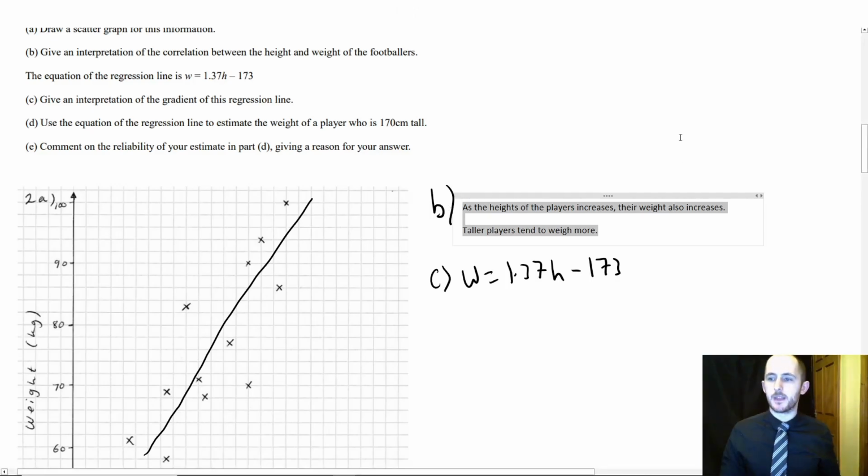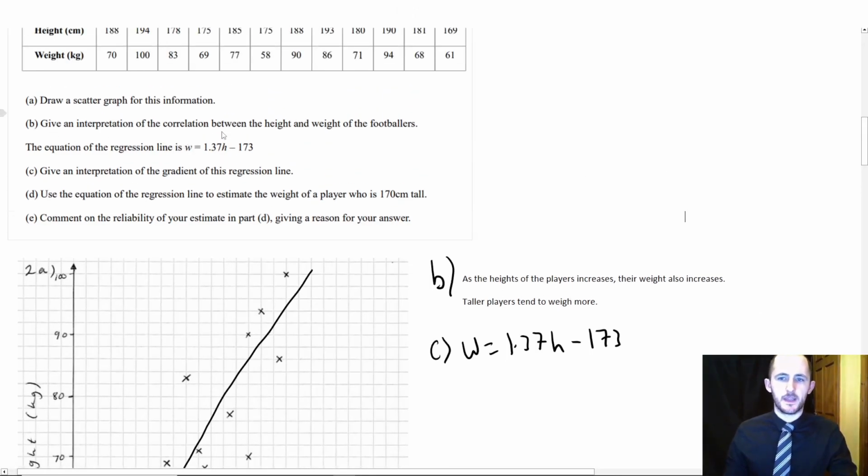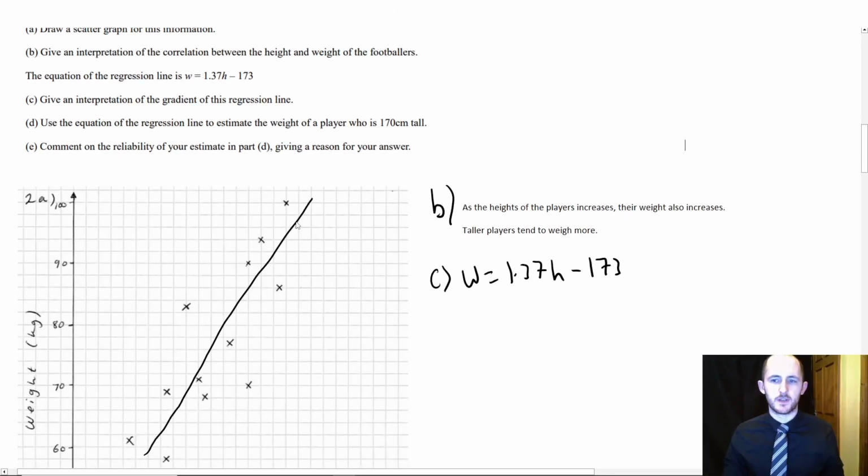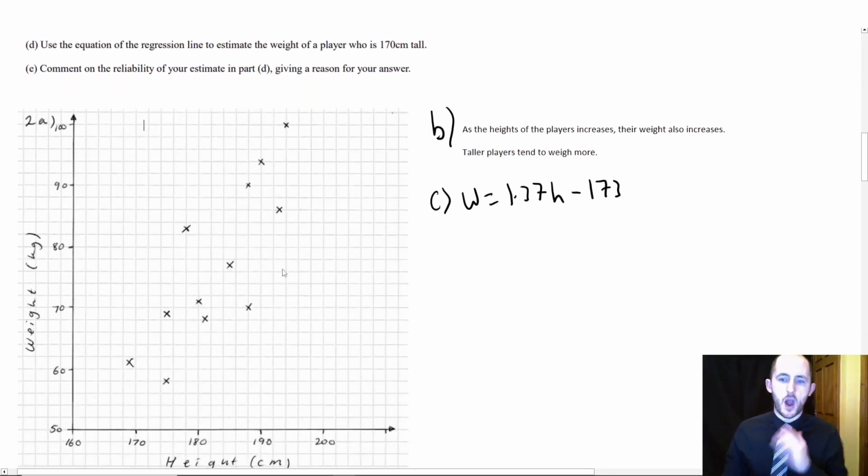All they're asking you to do is to have a look at the graph and give your interpretation of the correlation. What I would say first is, is it positive or negative correlation? This is what you should think in your head. Positive correlation is when as the x variable increases, the y should also increase.